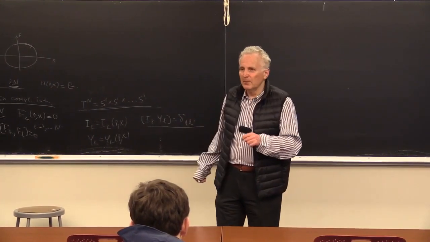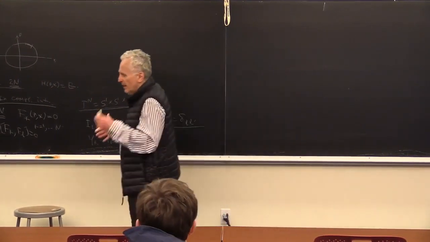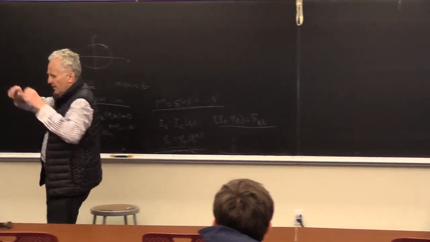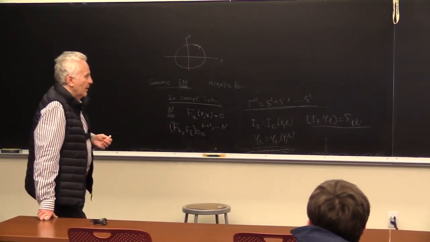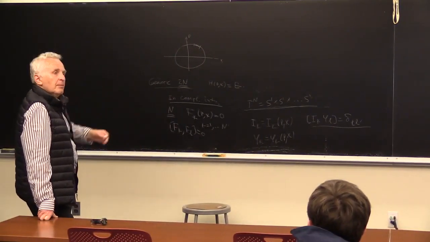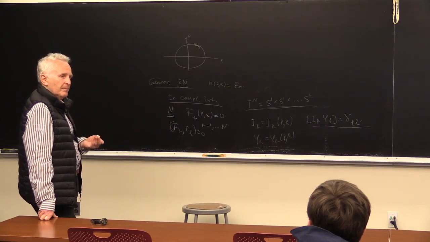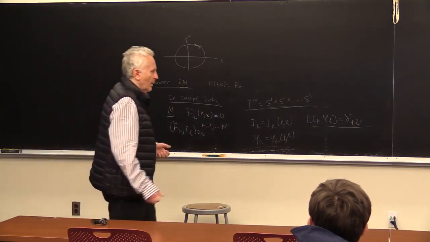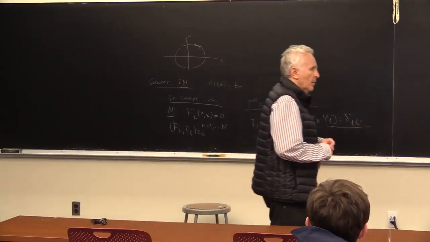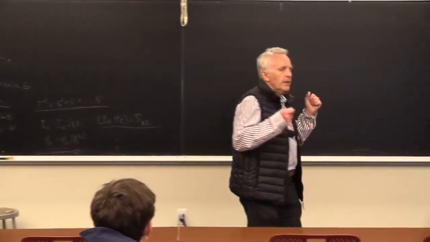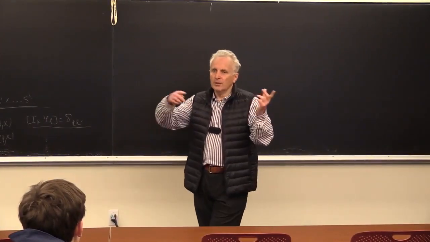Why is that, by the way? Do you remember what are the integrals which we use when we have just planetary motion? Angular momentum. What do you mean by angular momentum? A component or?